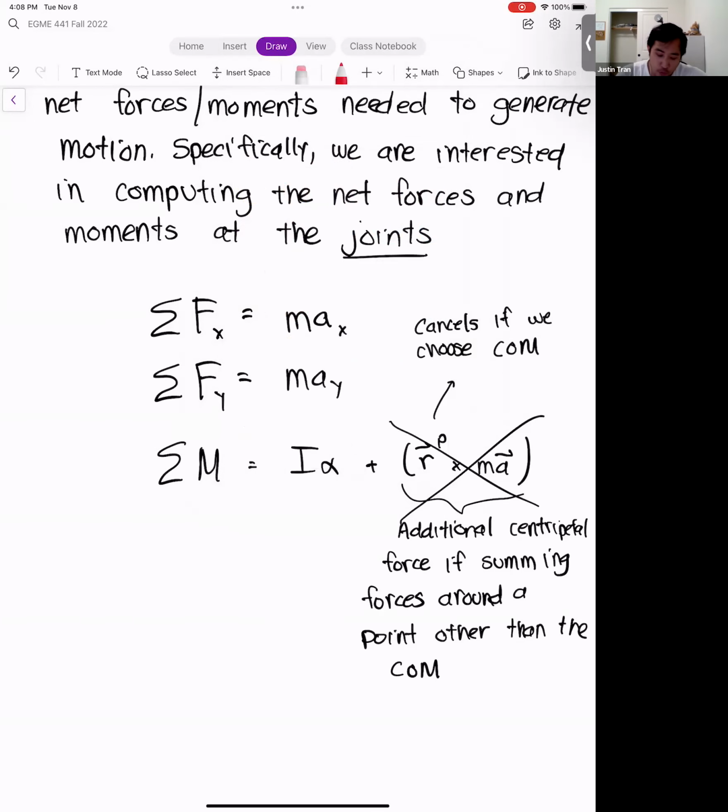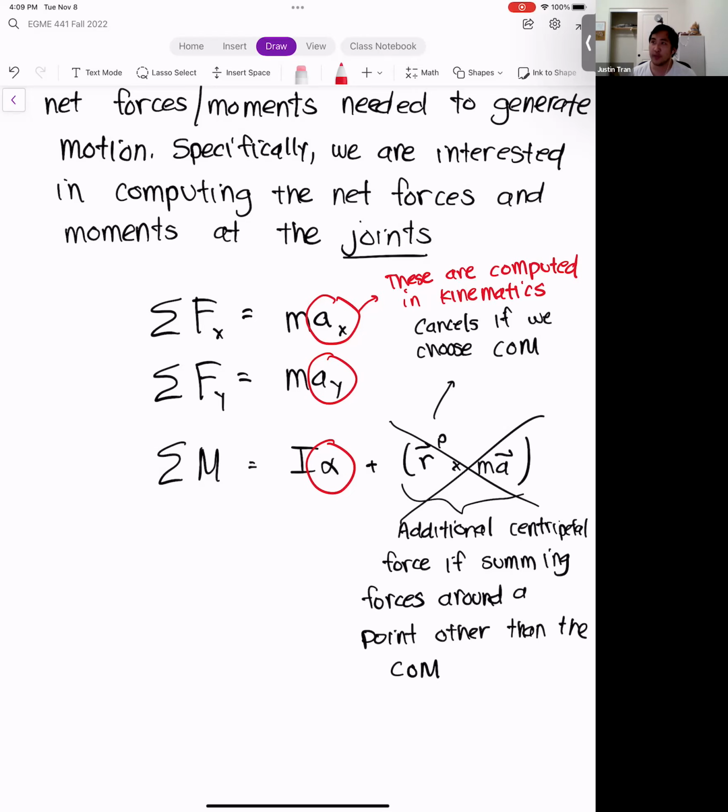All of these terms right here, the acceleration in the x direction, the acceleration in the y direction, and the angular acceleration, are determined by our kinematics analysis. Generally speaking, the analysis that we're about to conduct is done after a motion capture study.